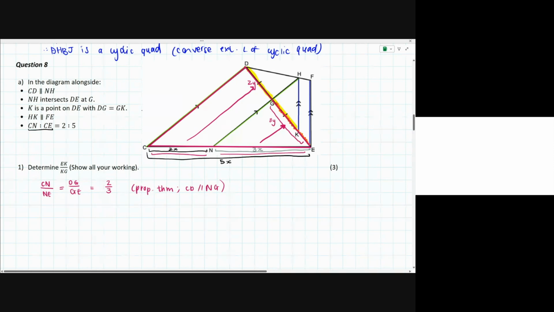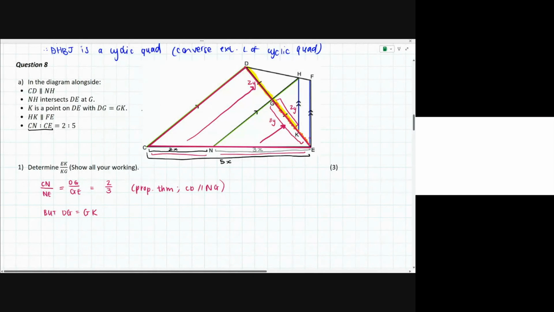Now that's important because I know that DG is equal to GK. And if DG equals 2y, then this section over here, GK, is also equal to 2y. It has to be, they're the same thing.